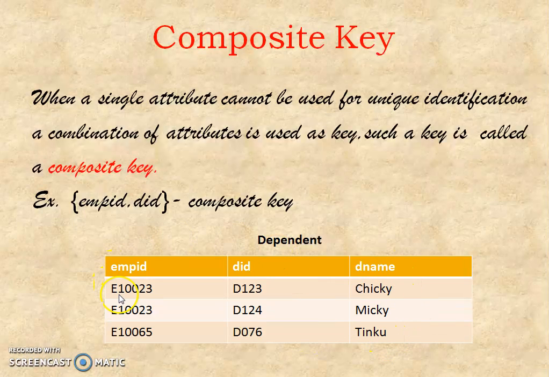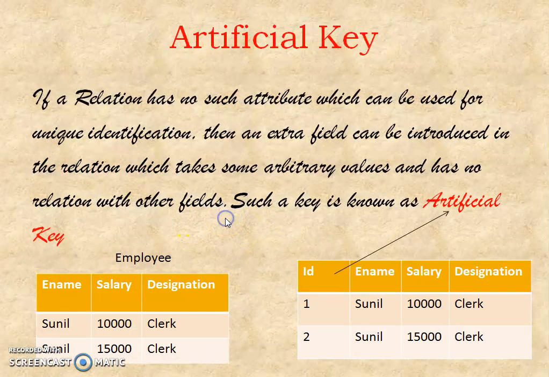So here we can see for an employee, maybe the employee has two dependents. So employee ID remains same, the dependent IDs are different and their names are different. But for unique identification, only one ID will not be enough. So it's a combination of EMP ID and DID which will be identifying the tuple. So EMP ID and DID acts as a composite key for this relation.